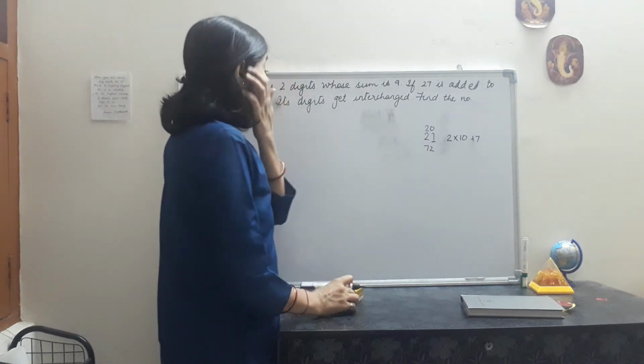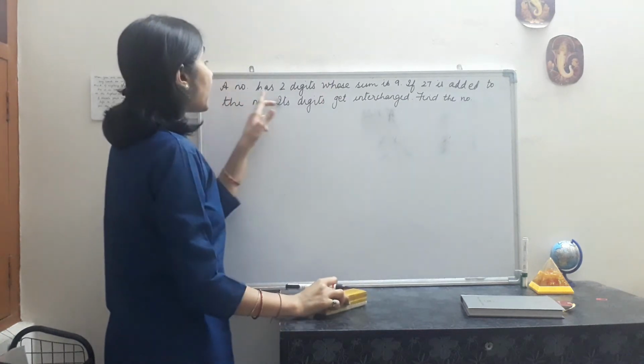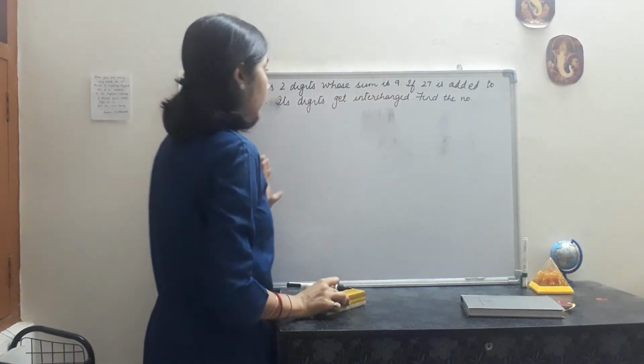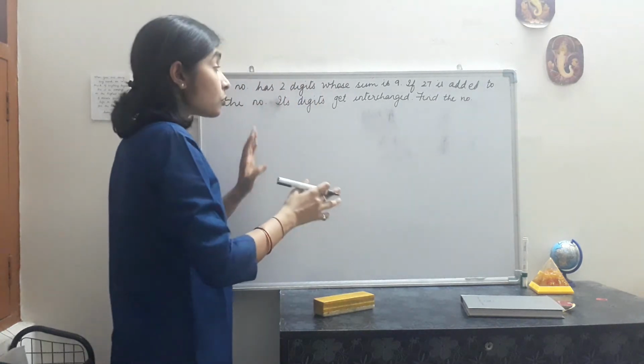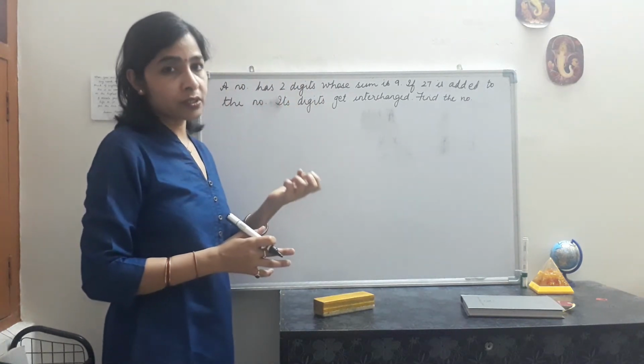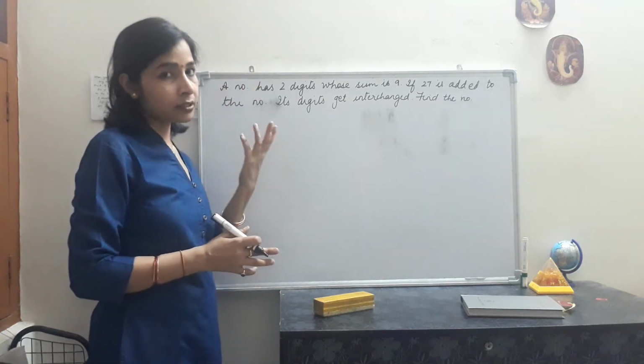So always remember that the number is formed by multiplying the tens place digit by 10 and adding the units place digit. Now reading the question: a number has 2 digits whose sum is 9. As I gave you the example of a 2-digit number, here first we have to suppose what will be the digit at the units place and what will be the digit at the tens place.